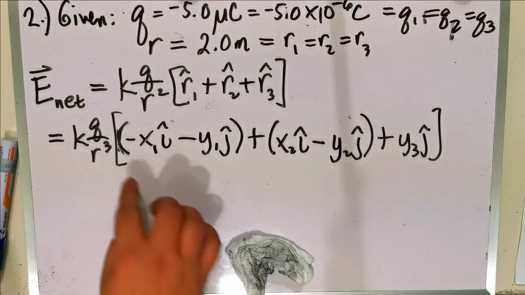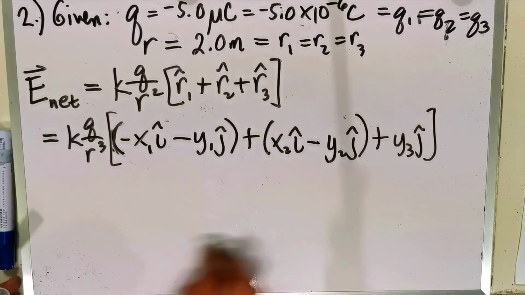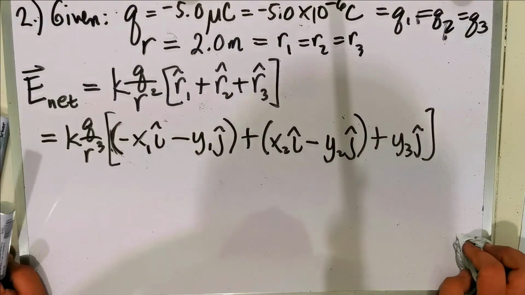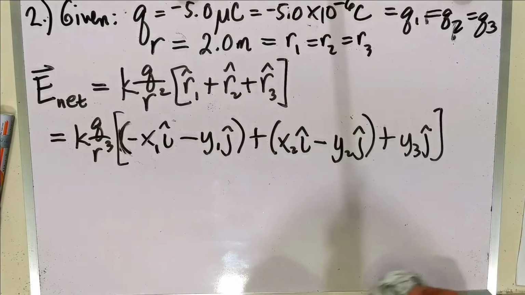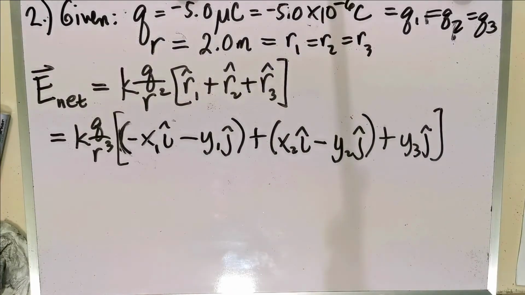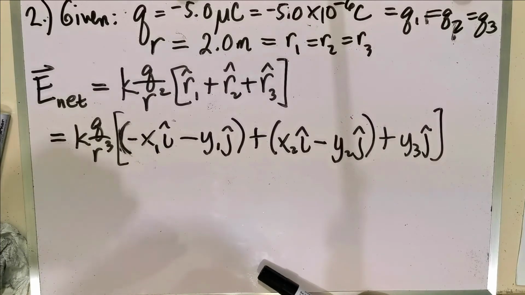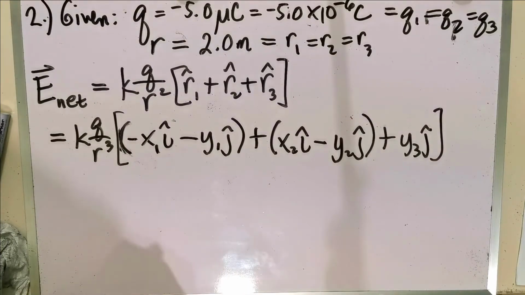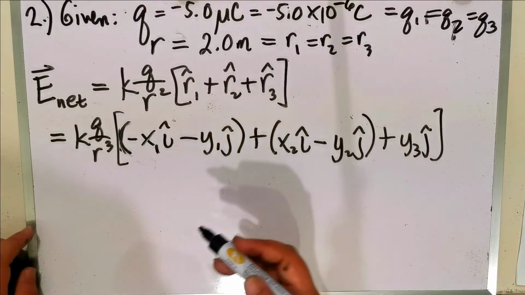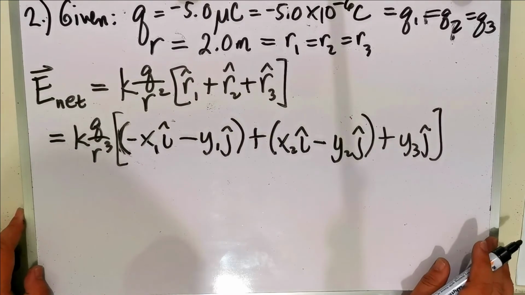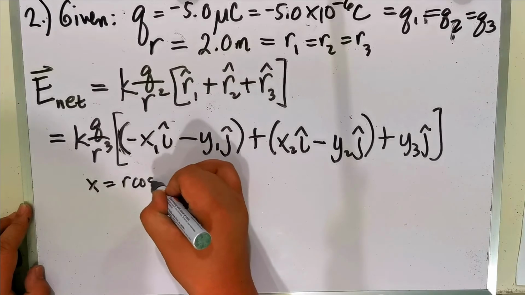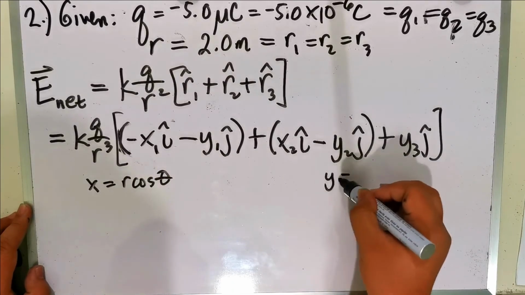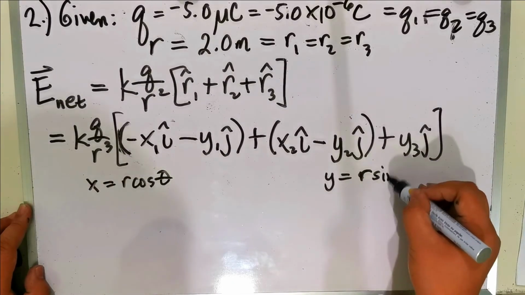So karon ang problema nato is to determine the value of x1, x2, x3, and then you have y1, y2, and y3. So by the way, what ay x3 kay remember upward naman tong sa imuhang point 3 charge 3 ganina. So by reviewing on the ideas of the vectors or components ng vectors, the components are given with the equation x equals r cosine theta and y equals r sine theta.